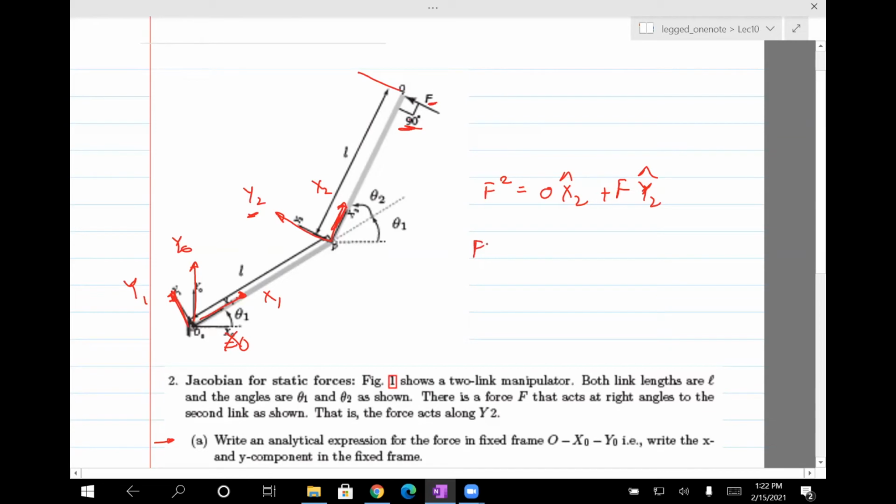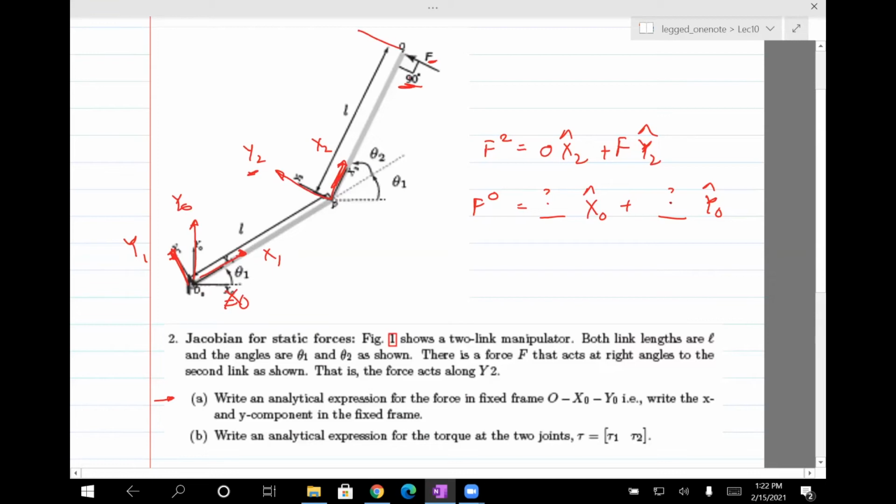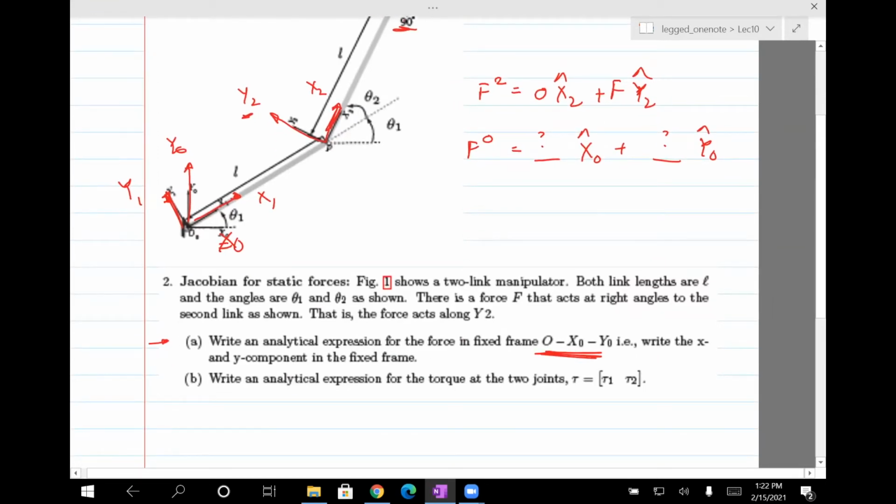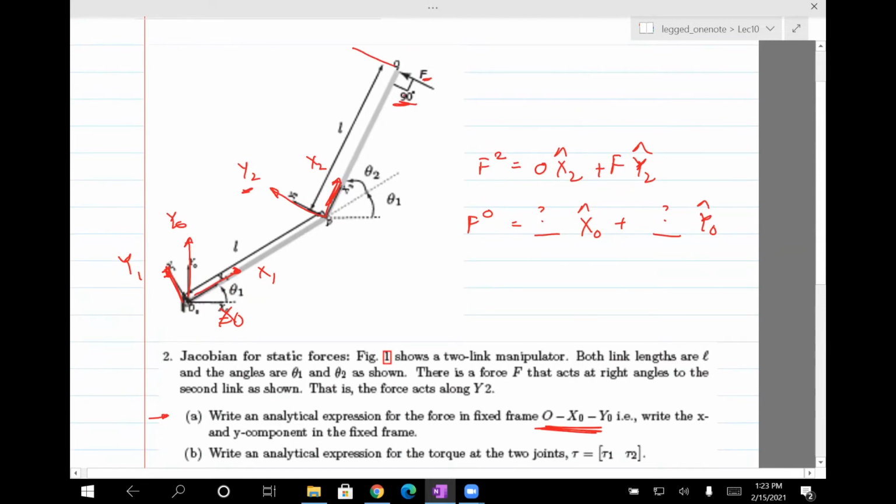Now you need to find a force in frame 0, in this frame. So we write something in the x direction, something in the y direction. The question is what are those components? So you can technically take F, resolve it along the x direction and the y direction and solve it.